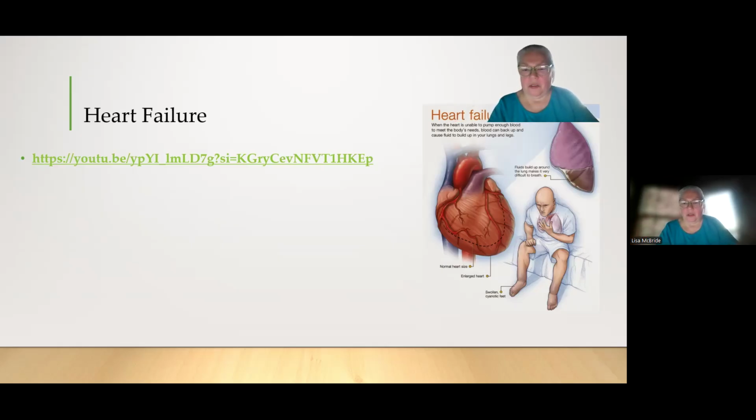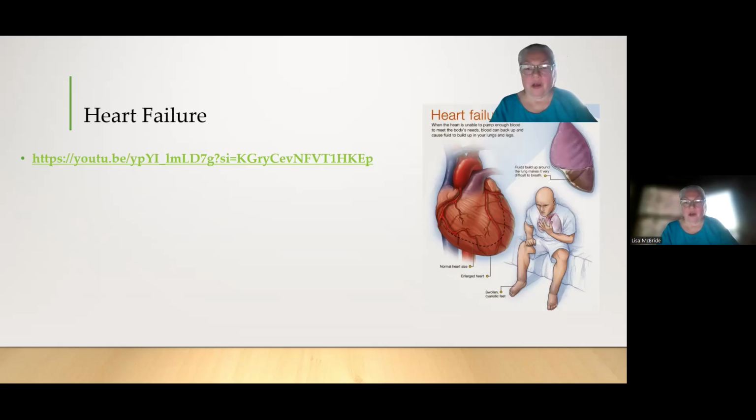So normal values, central venous pressure on the right side of the heart is 1 to 5 millimeters of mercury, because it doesn't have to have as high a pressure. The right side of the heart doesn't need as high a pressure to go to the lungs. However, the left side of the heart needs a higher pressure, so it's 4 to 12 millimeters of mercury.